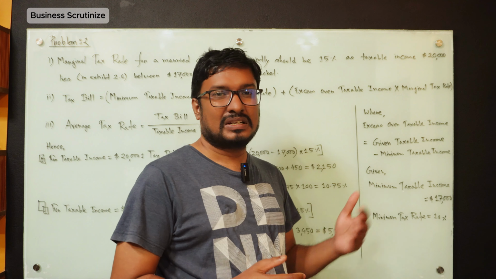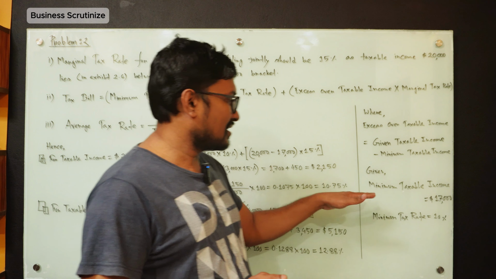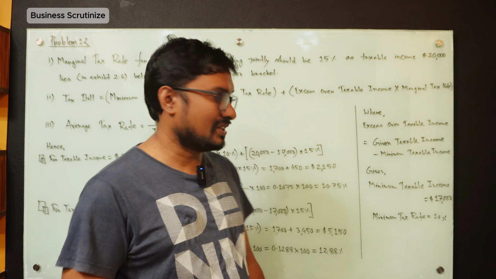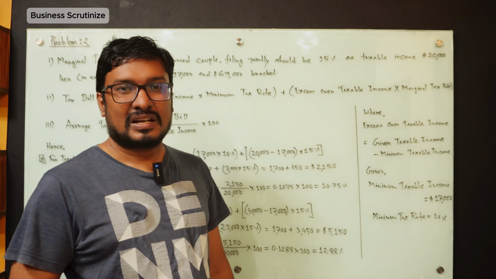Firstly, in the given Exhibit 2.6, we have data on the minimum taxable income, which is 17,000, and the related tax rate, the minimum tax rate, which is 10%.